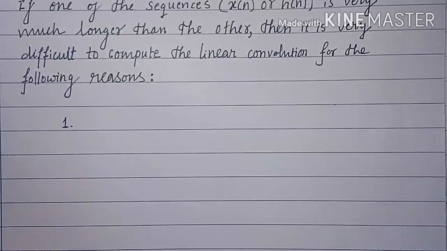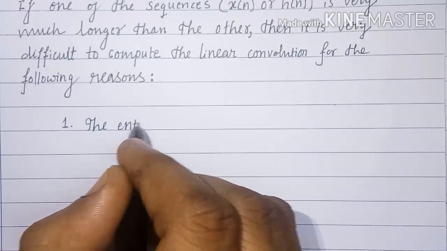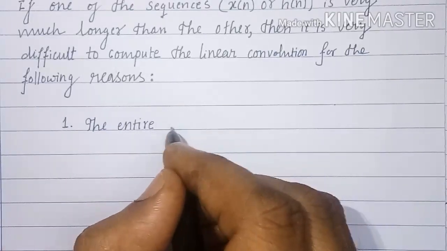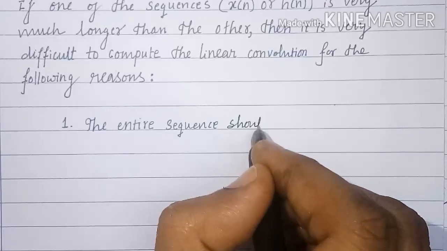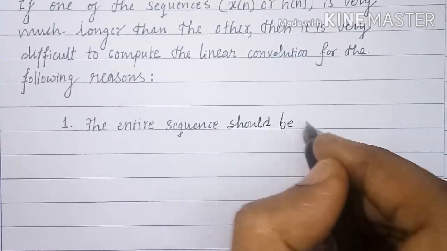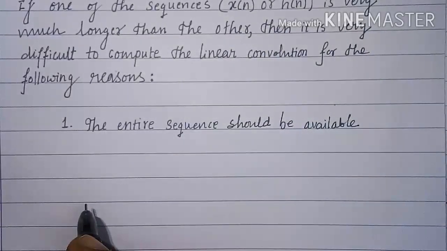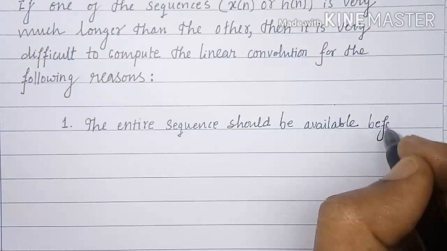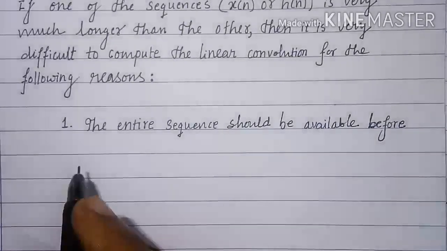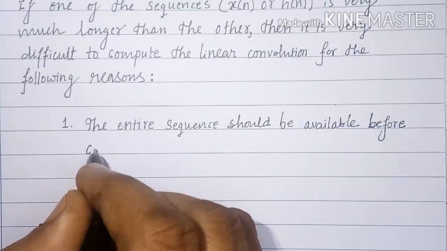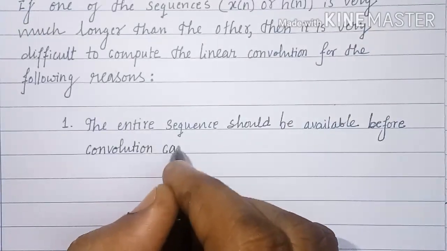First one, the entire sequence should be available before convolution can be carried out.